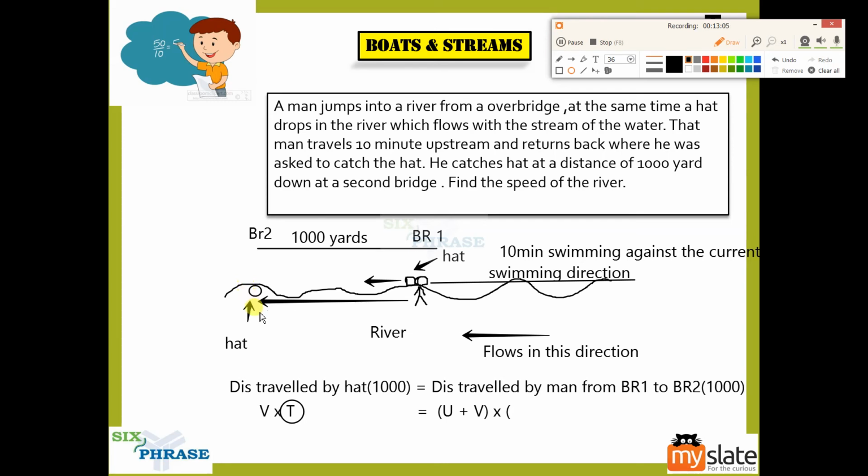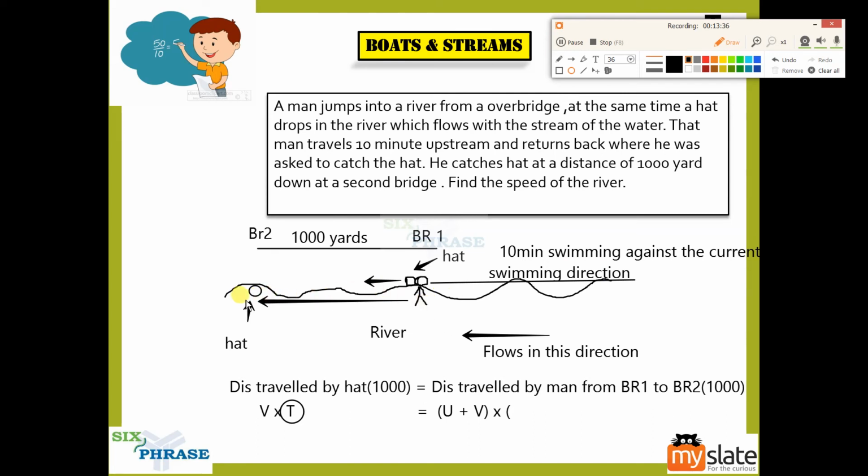So the time taken by the hat is equal to the time taken by the man to move 10 minutes to the right hand side, again come back to bridge 1, and again travel from bridge 1 to bridge 2. So now what do we need? We need the distance traveled from BR1 to BR2, which means the time traveled from BR1 to BR2. So out of the total time the man takes, t, for the man t is from here to here, then again here, then again here.